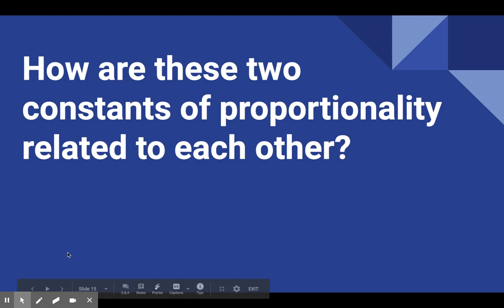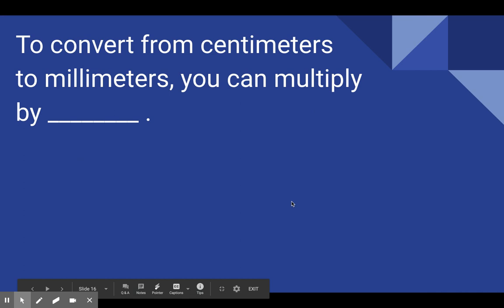So we want to sit here and think about how these two constants of proportionality are related to each other. So let's figure out how we can do this. To convert from centimeters to millimeters, you can multiply by what? We just kind of talked about it.